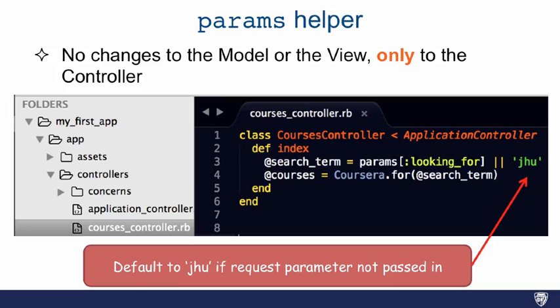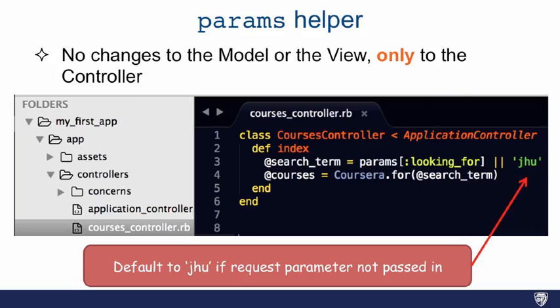So in this case, we're going to be looking for a request parameter called looking_for. If params[:looking_for] exists, use that as a search term. If not, use a default, which we're going to keep as JHU. That's what this is saying.